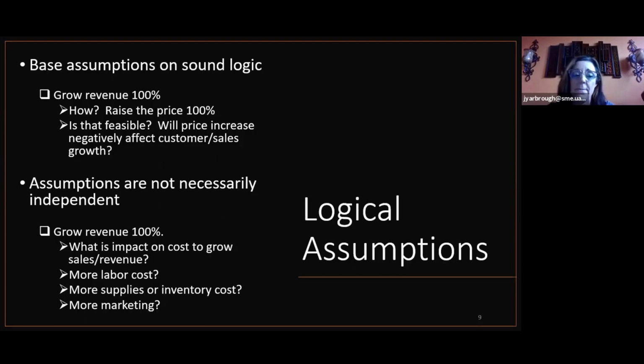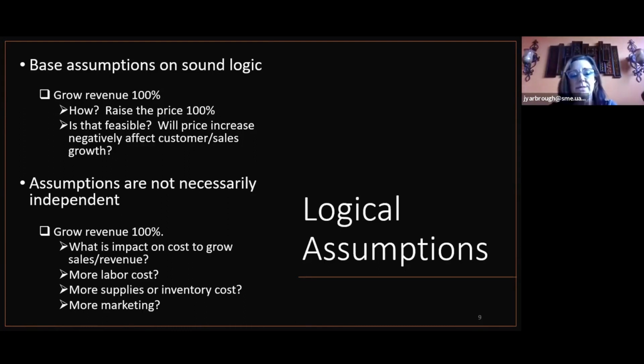The other thing that's important, and is reflected in the little analysis we just talked through about the impact of making this one particular decision, is that your assumptions are not necessarily going to be independent, and probably most times they're not independent at all. So as we said, we want to grow revenue 100%.